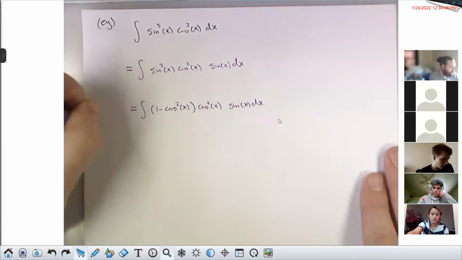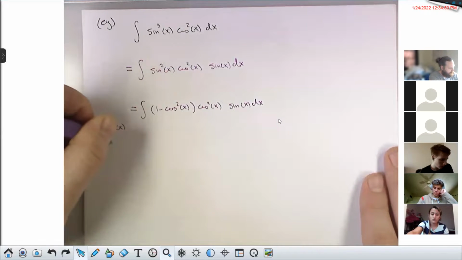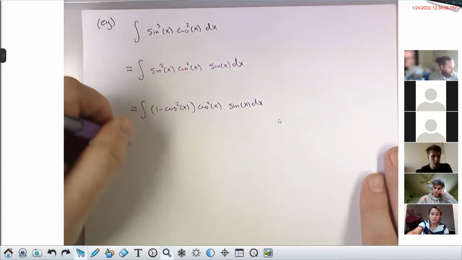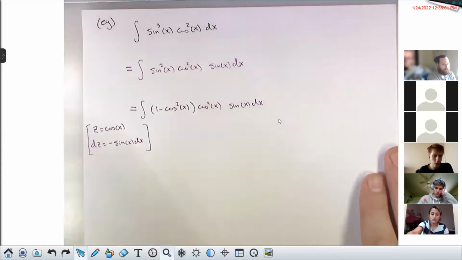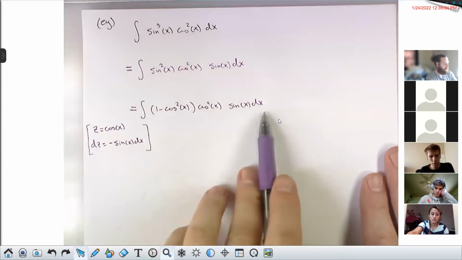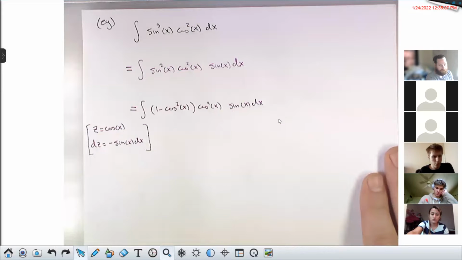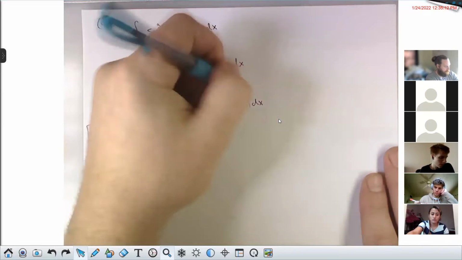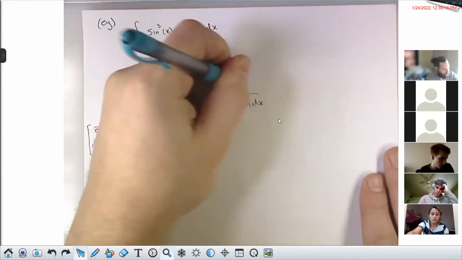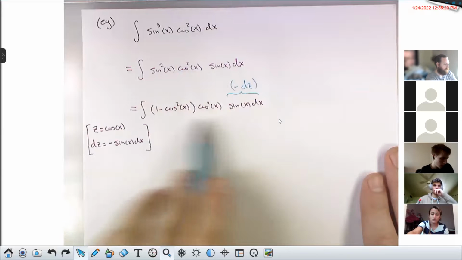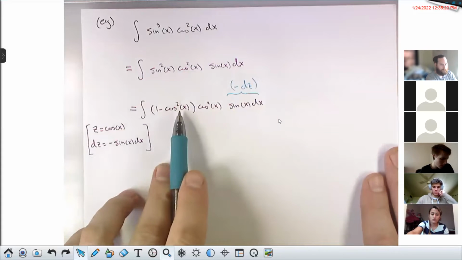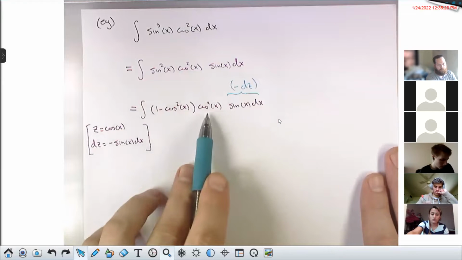If I do that, if I sub z equals cos x, dz is negative sine of x dx. So this sine of x dx will be negative dz. And that's all multiplying this stuff, which would be 1 minus z squared in parentheses times z squared.